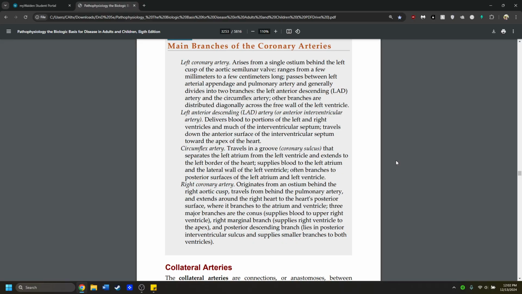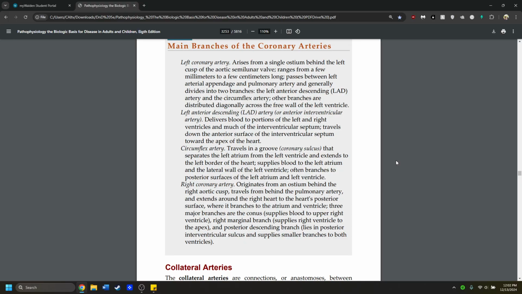meaning going down, the LAD artery, also known as the anterior interventricular artery, delivers blood to portions of the left and right ventricle and much of the interventricular septum, and travels down the anterior surface of the interventricular septum towards the apex of the heart.